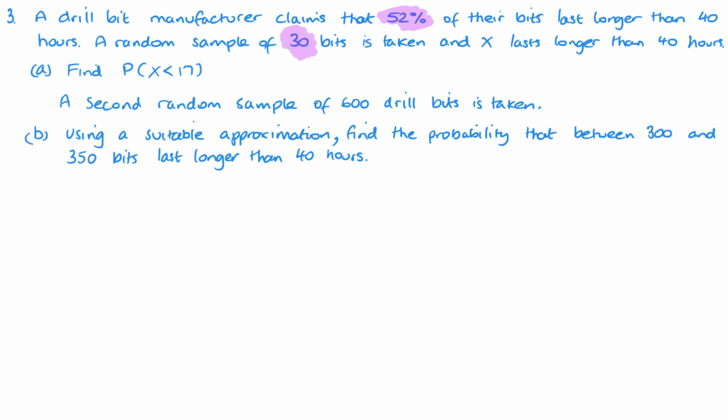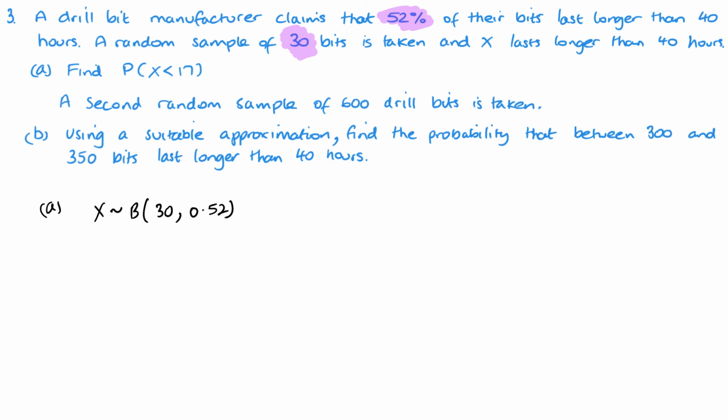The 40 hours is not as important at the moment because what we're looking at is X lasts longer than 40 hours. So we've got a binomial distribution here. So first thing I want to do is set that up. So X is binomial. My value of n is 30 and my probability is 0.52.